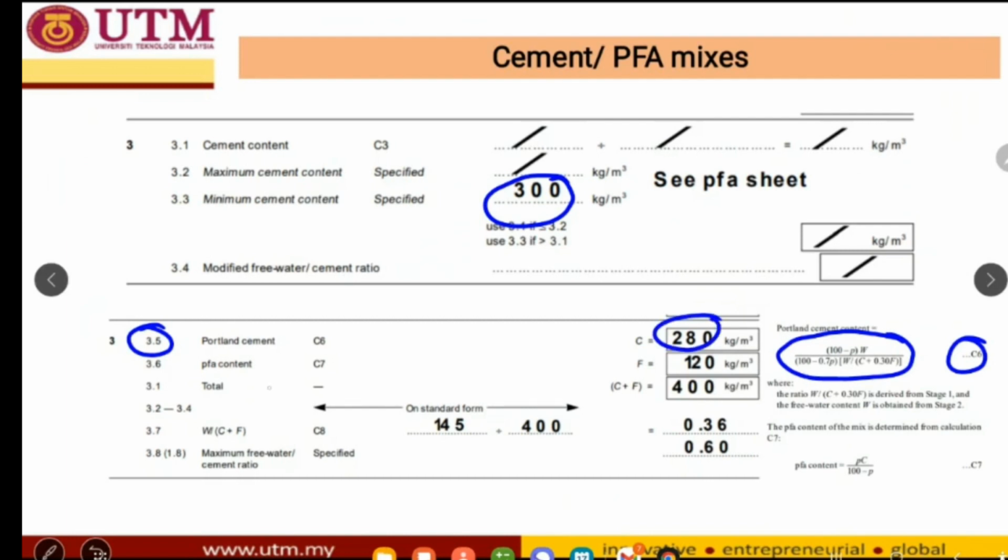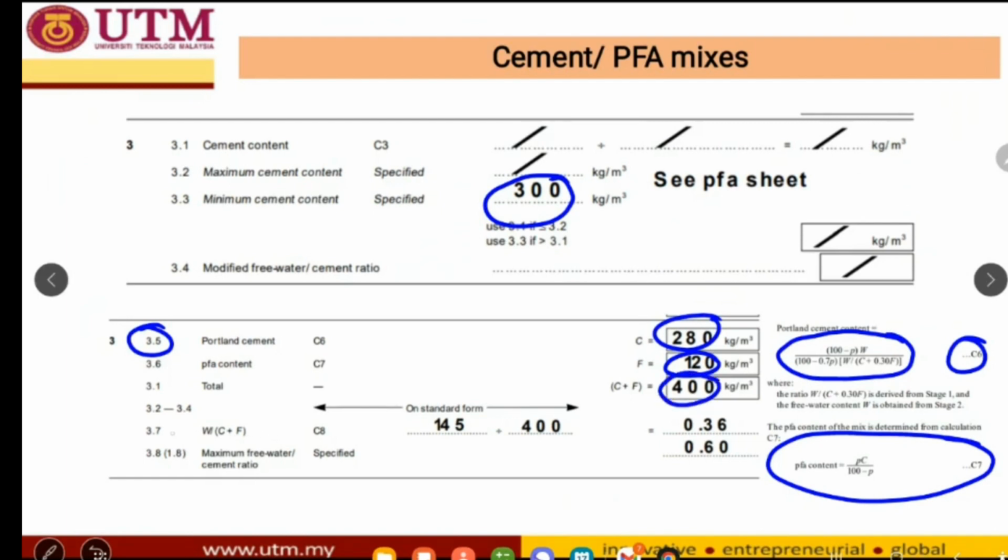The PFA content, we have to calculate using C7. C7 is this formula, which we already discussed earlier. So you will get the F, which is 120. The total cementitious material is C plus F, which is 280 plus 120, you will get 400.